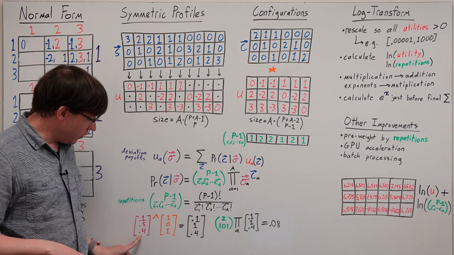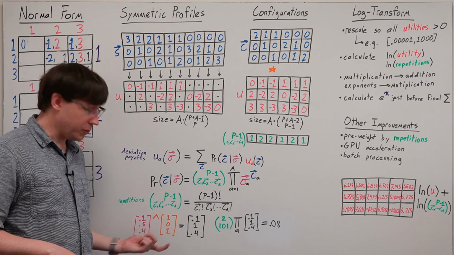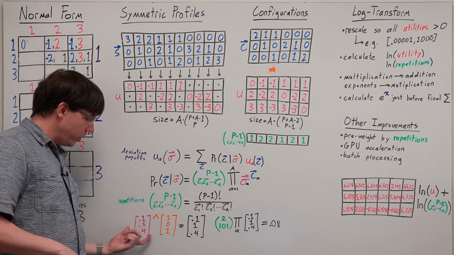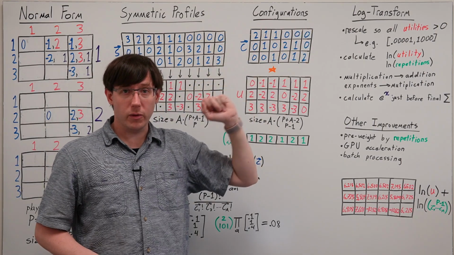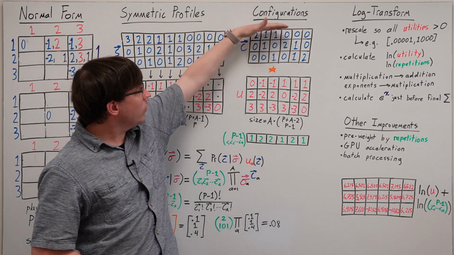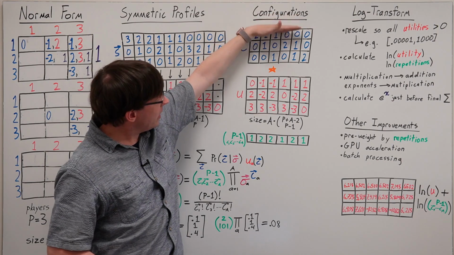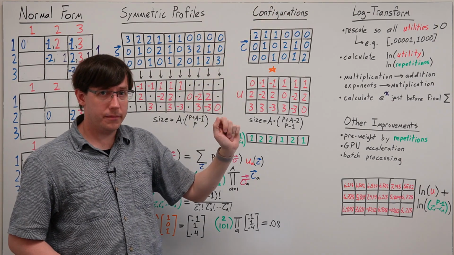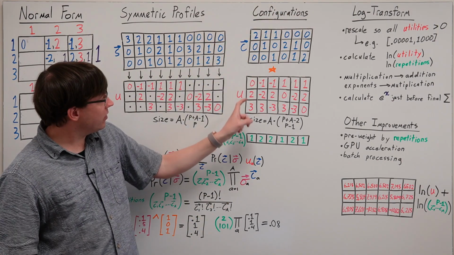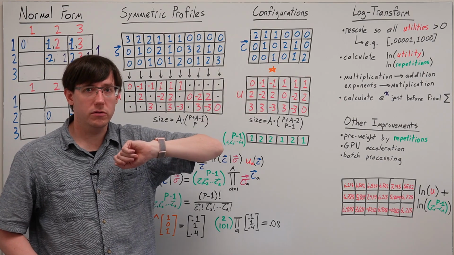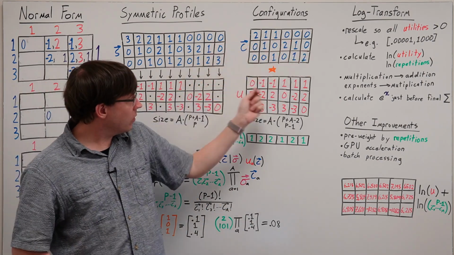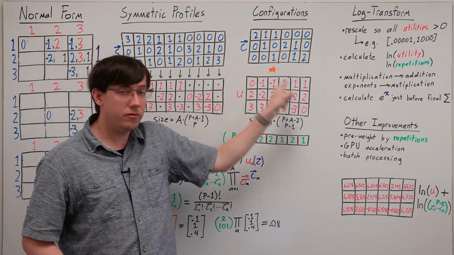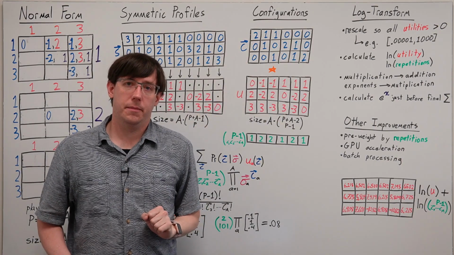But in addition to doing this exponentiation element-wise, we could actually do this element-wise with the entire configurations array. And then we can do our product down the actions dimension and multiply them each by the number of repetitions. And that would give us a row vector with the probability of each configuration.